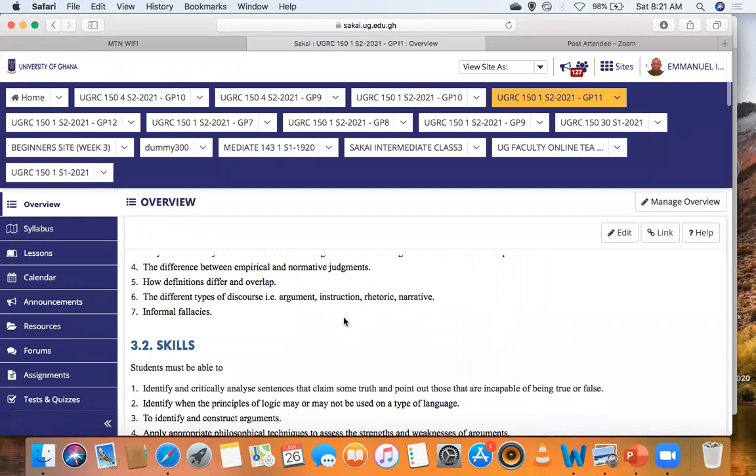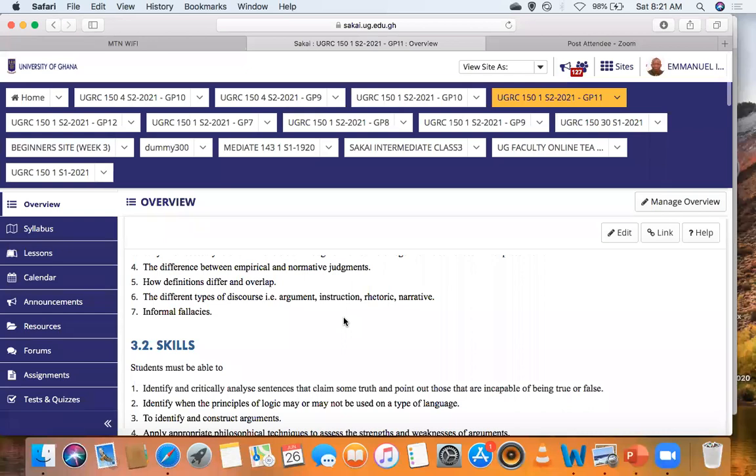We study bad reasoning so that we can appreciate the good reasoning. Without knowing bad reasoning, you wouldn't really have a full grasp of good reasoning. So you study good reasoning and then bad reasoning so that you can contrast them. Now, bad reasoning is called fallacy.